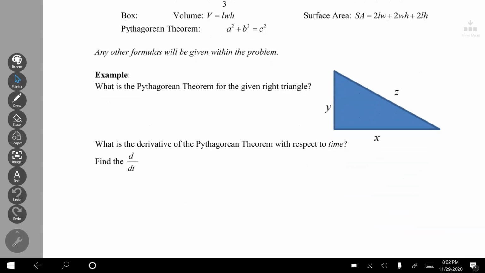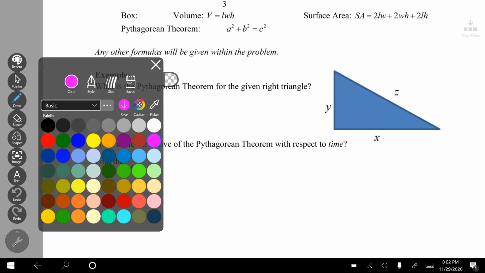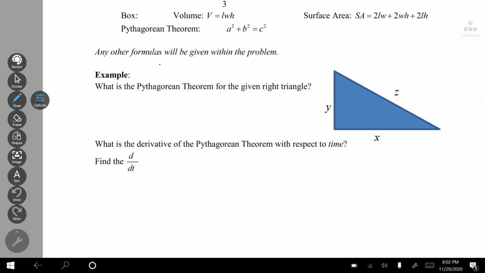For any given right triangle, if one side is x, the other leg is y, and the hypotenuse is z, the Pythagorean theorem is going to be x squared plus y squared is equal to z squared. That is the Pythagorean theorem. So now I'm going to take its derivative. So I'm going to rewrite it.